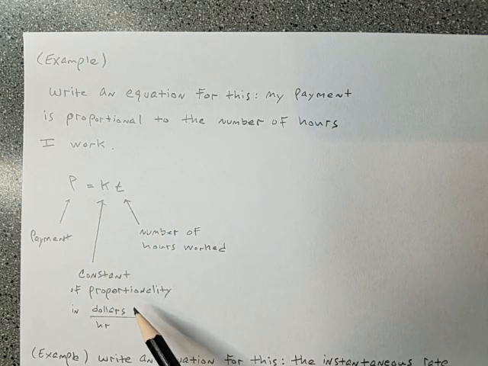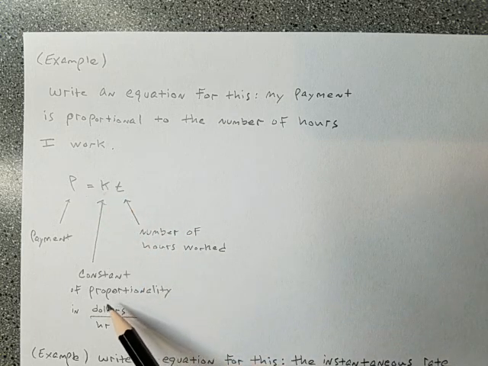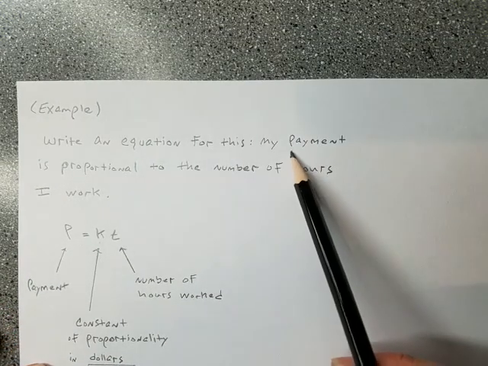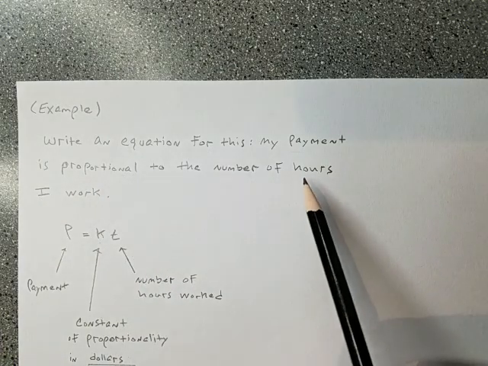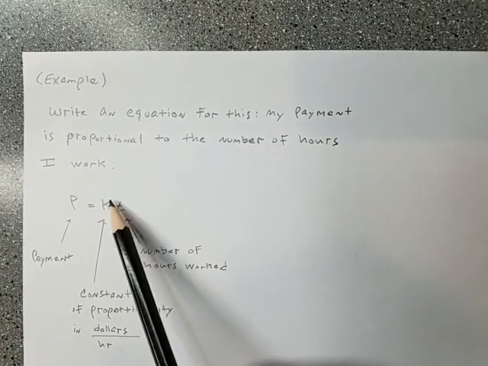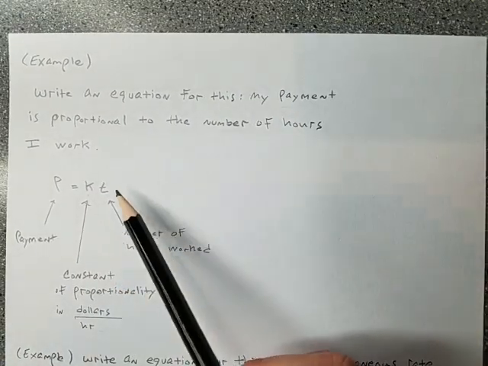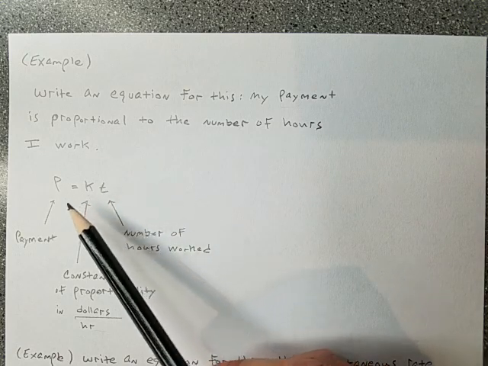K is called the constant of proportionality, and in this particular case, it would have units in dollars per hour. But for payment to be proportional to some other thing, it just means we're multiplying by some constant K. That constant may or may not be known.